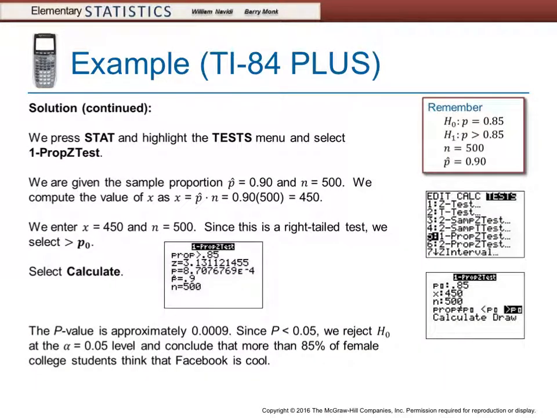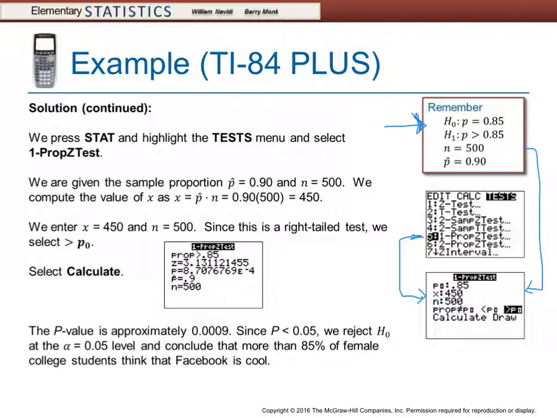So now we remember the basic information from our problem, and then we press the stats key, we move over to the test key and select one proportion z-test. We then enter the information into the calculator. So the information that we had, we will enter into the calculator.